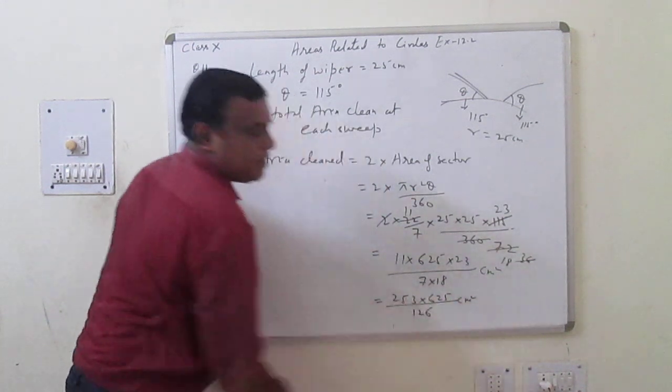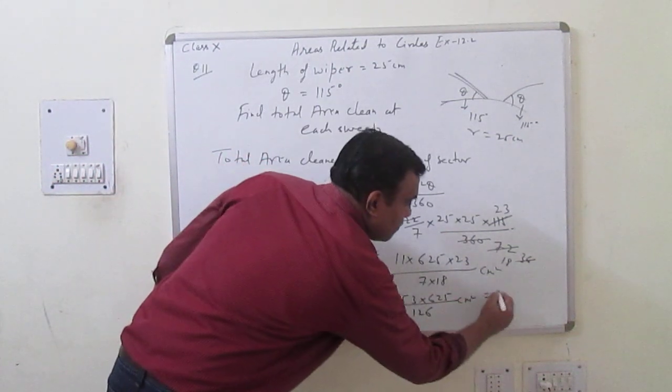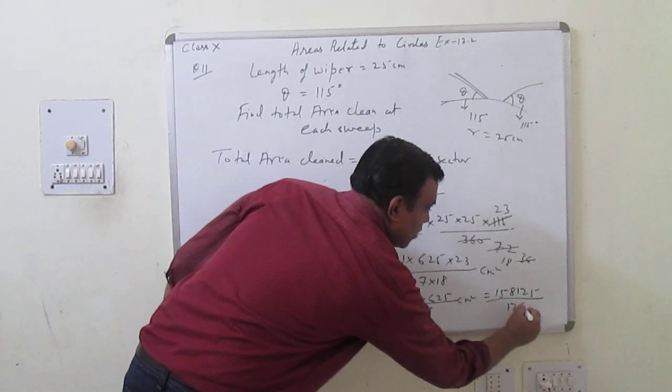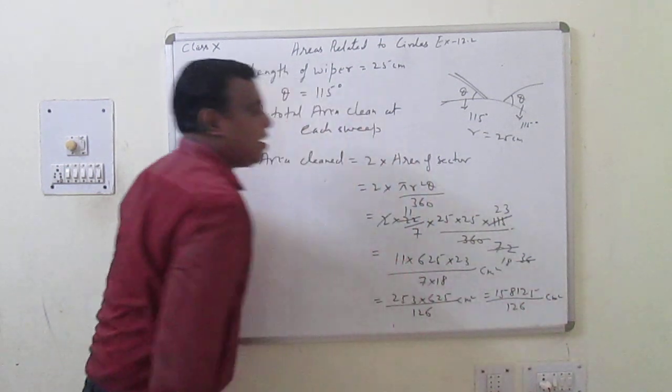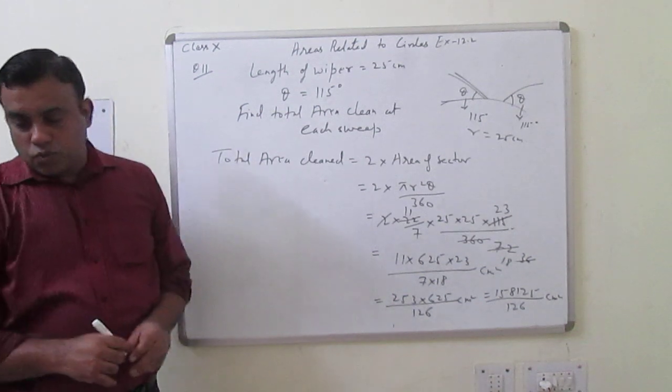If you multiply it, you will get 158125 upon 126 centimeter square.